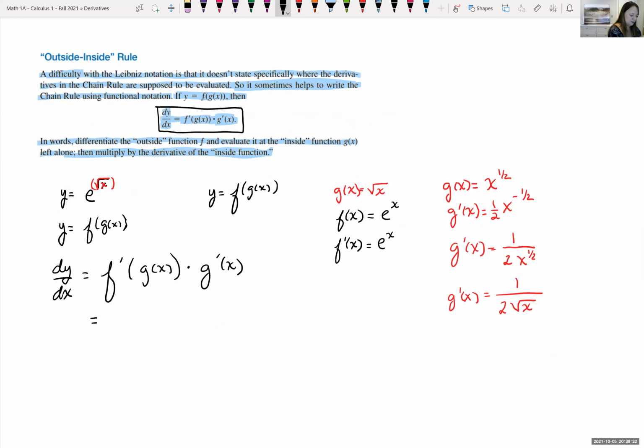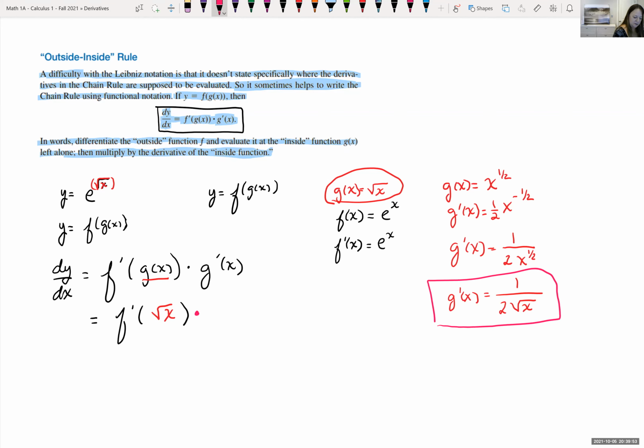So this is equal to f prime of our g of x function, which was square root of x, all times the derivative of g of x. The derivative of g of x we found to be 1 over 2 root x.